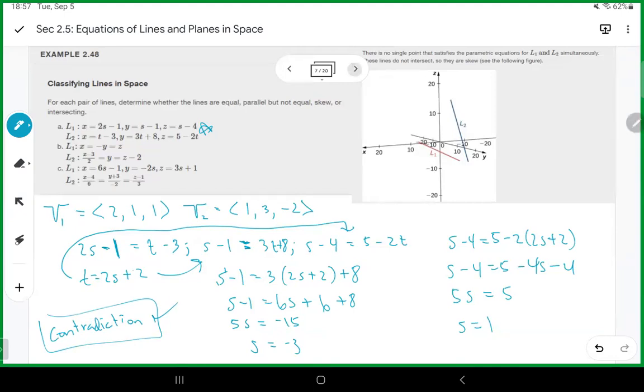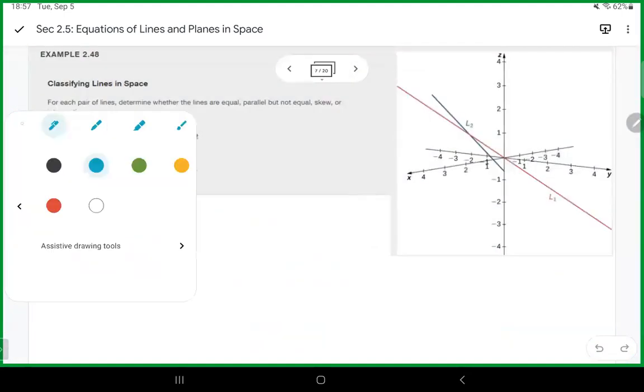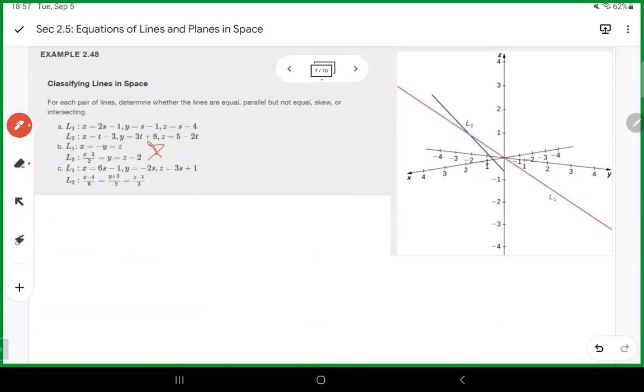Okay. I'm going to do part B now. All right, so again, we have vector 1 from line 1 is 1, -1, 1.